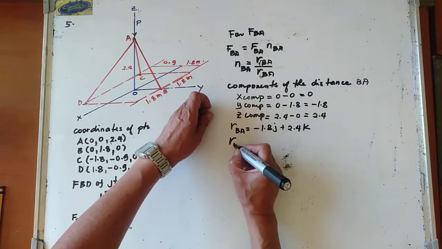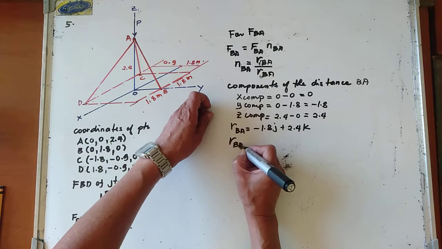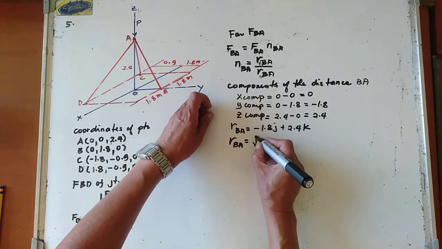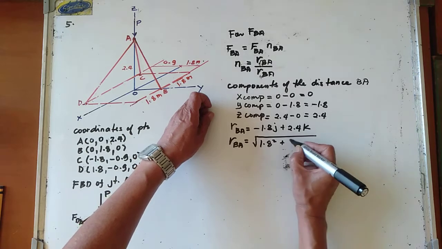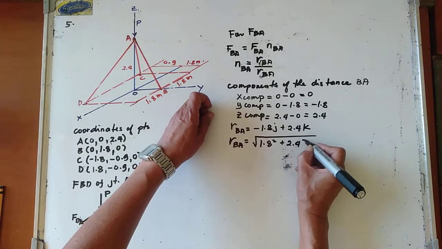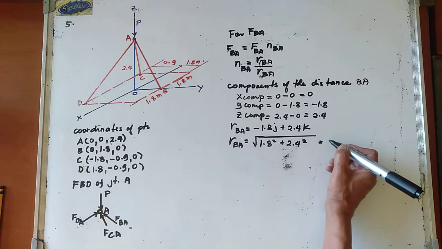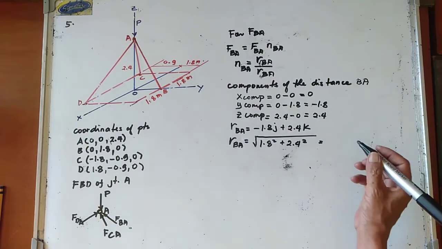The magnitude of this position vector is the square root of 1.8 squared plus 2.4 squared, which is equal to 3.